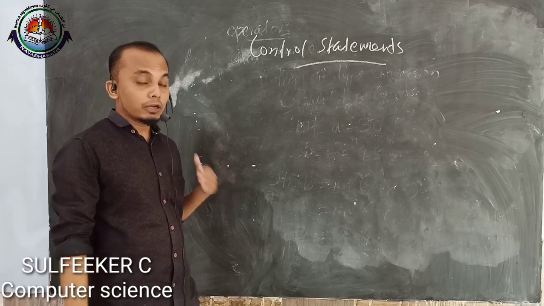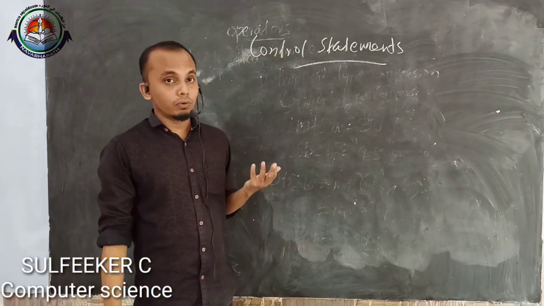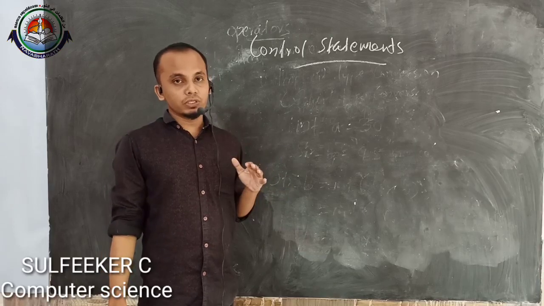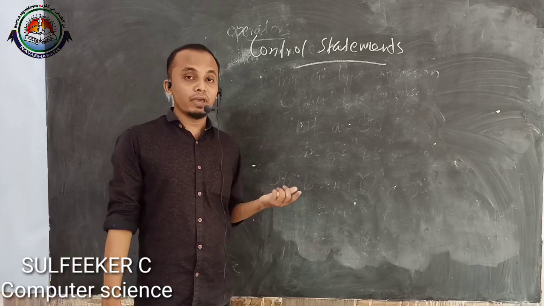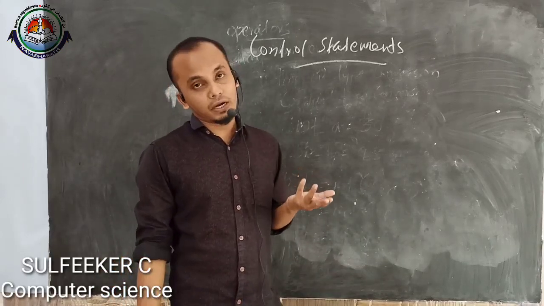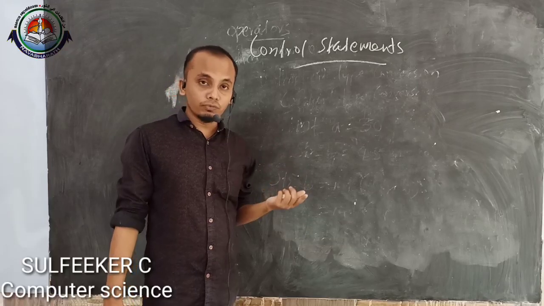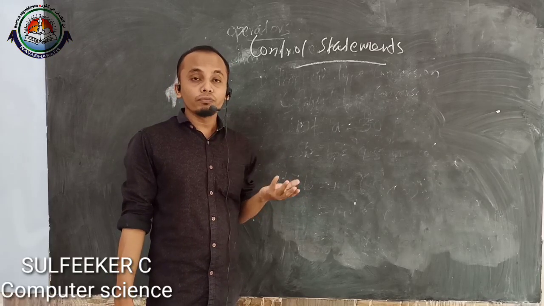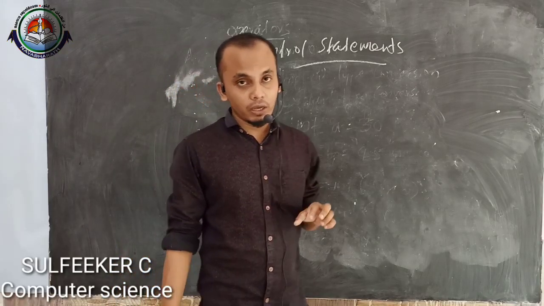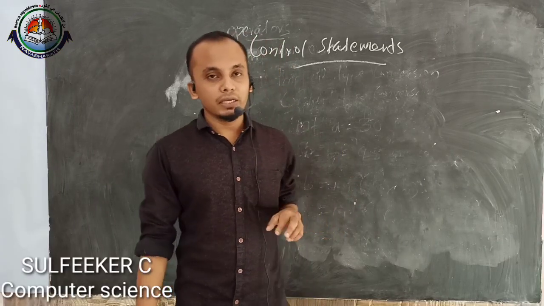Control statements are used for controlling the flow of execution, which controls the flow of execution depending upon some condition. Okay, control statements are used for controlling the flow of execution of the statements based on some condition.